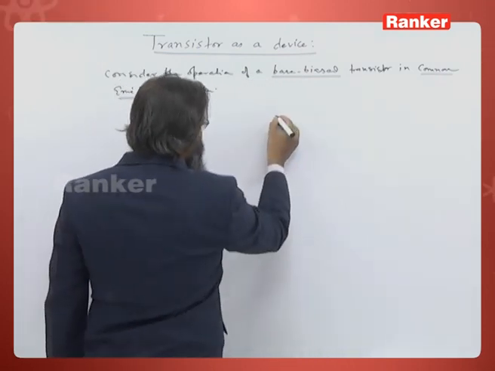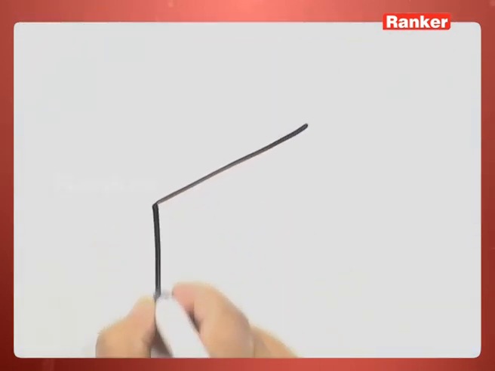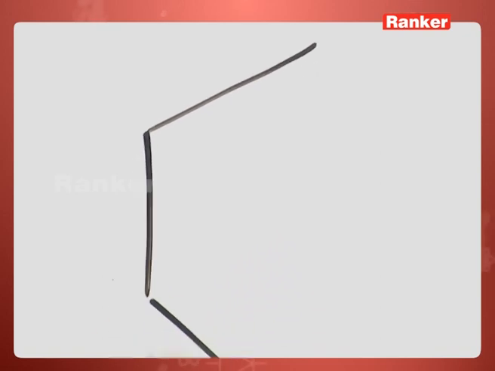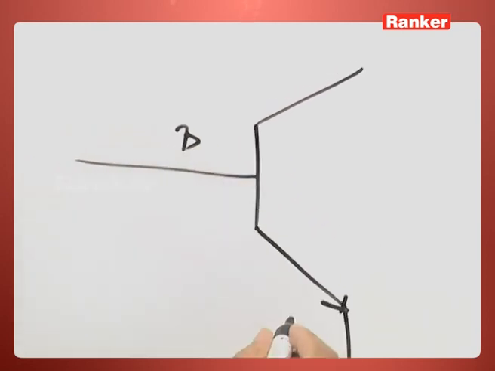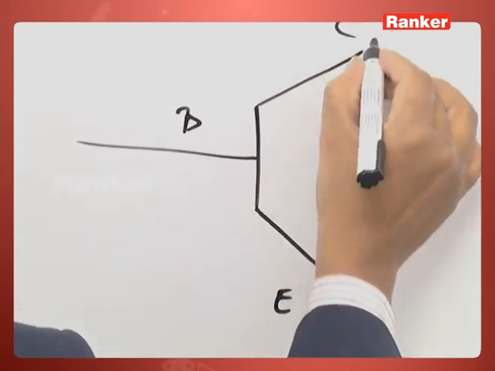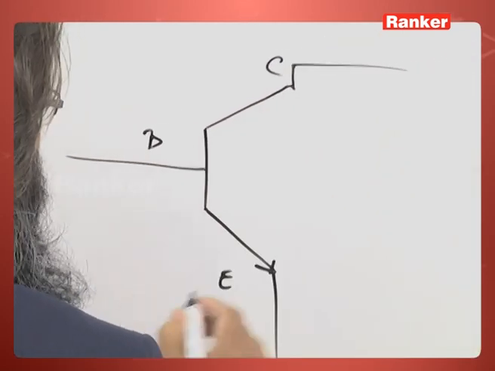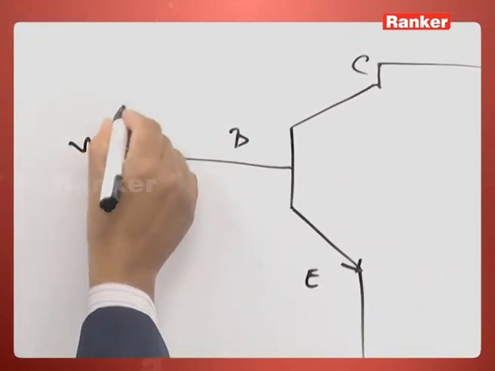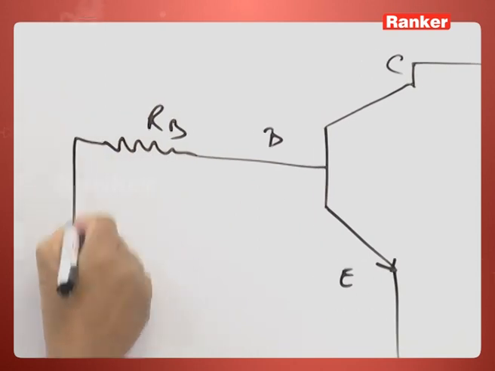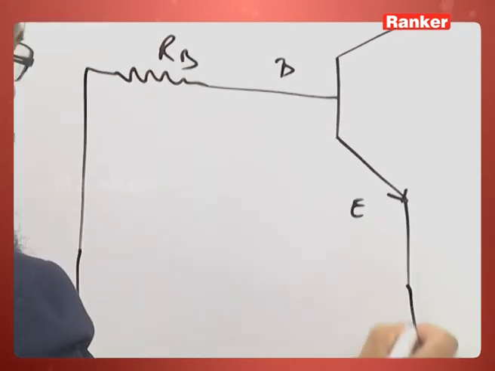This is my transistor, this is the base, this is the emitter, and this is the collector. Here I have a resistor I call RB, and here I am going to give the biasing.